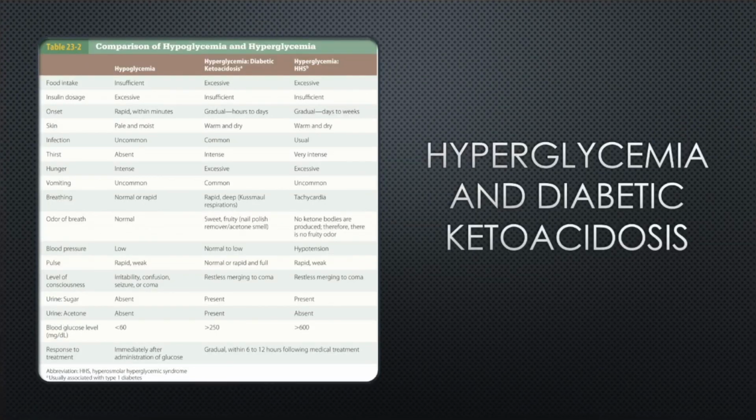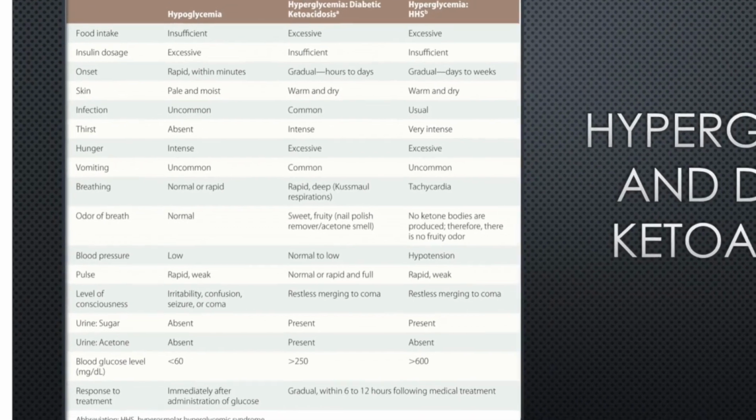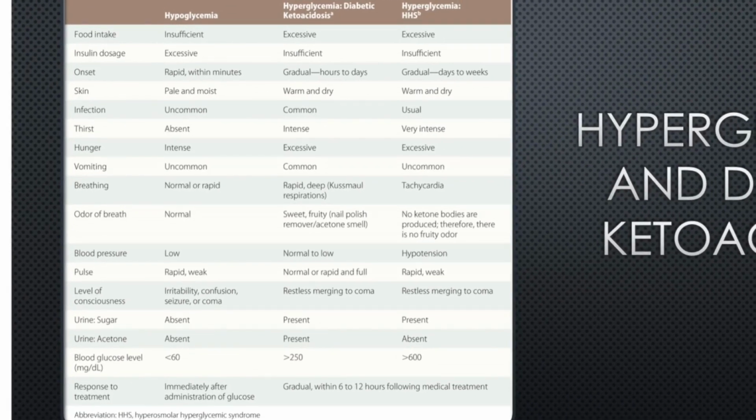So here's a table that kind of shows some of the comparisons of hypoglycemia and hyperglycemia. Hypoglycemia can be caused by insufficient food intake, where your hyperglycemia can be an excess of fluid intake. Everything's kind of opposite in a way. So excessive insulin dosage with hypo, insufficient with hyper. The onset's rapid with hypoglycemia because, again, the insulin metabolizes all the sugar, where it's more gradual with your hyperglycemia. You have more moist skin.